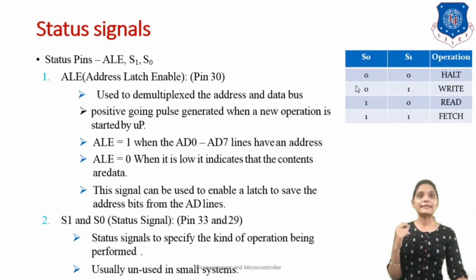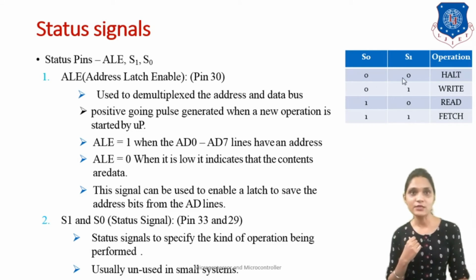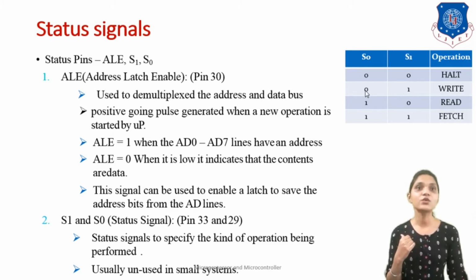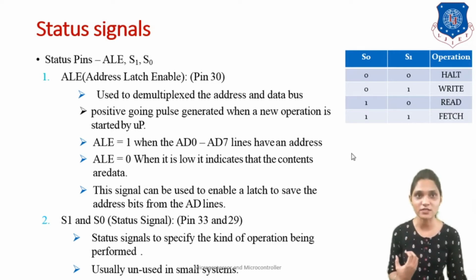If S0 is 0 and S1 is 0, then the halt operation is done. If S0 is 0 and S1 is 1, then a write operation is performed. If 1 0, then a read operation is done. If 1 1, then the fetch operation is done.